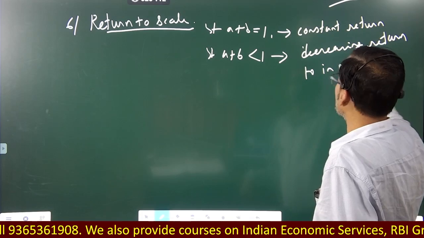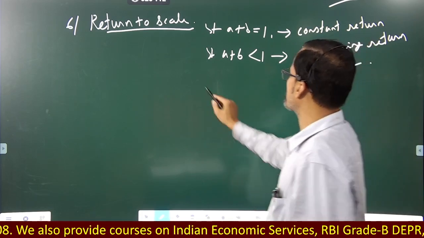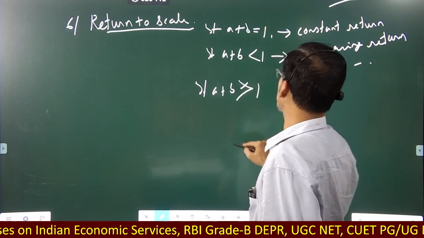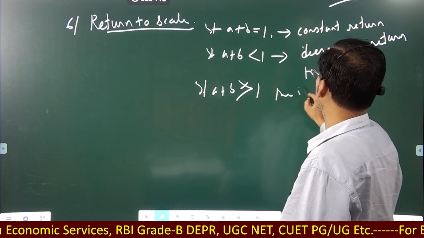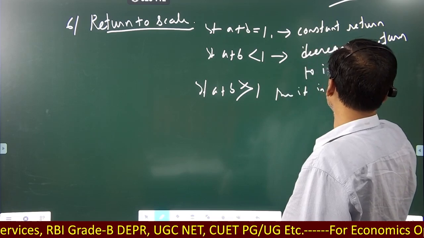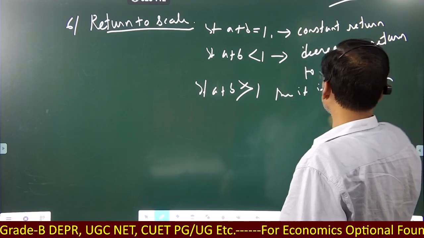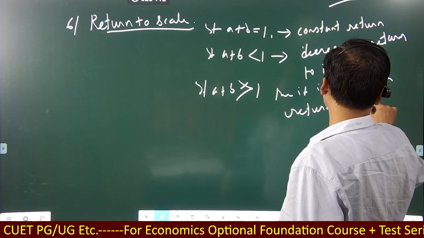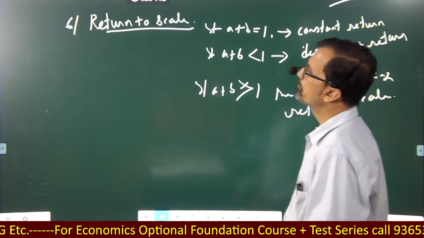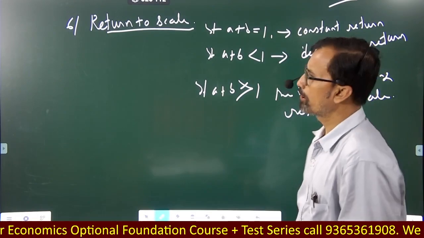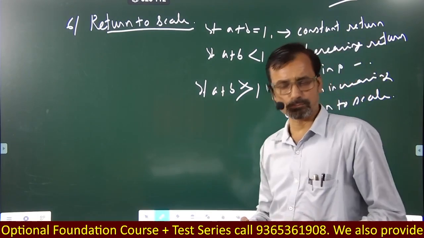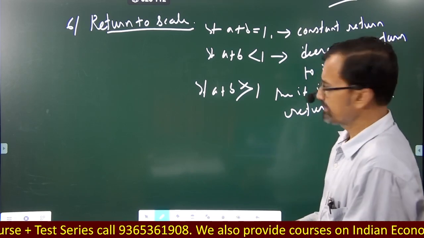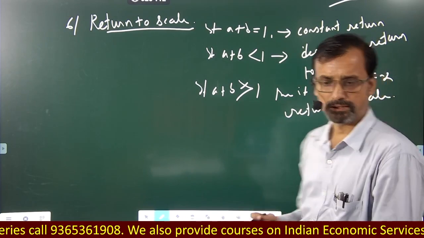If A plus B is greater than 1, then it is increasing return to scale. That is why we can say that the Cobb-Douglas production function is most popular in applied research. Okay, thank you.